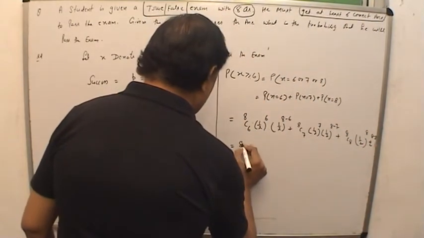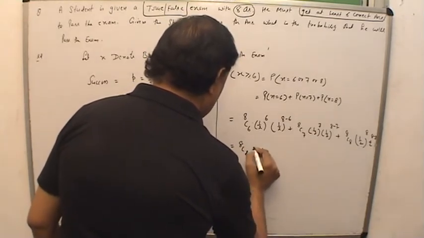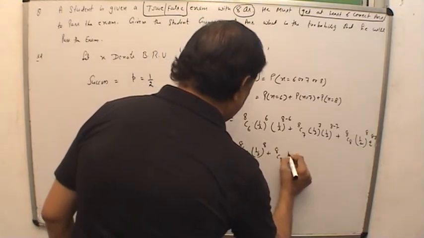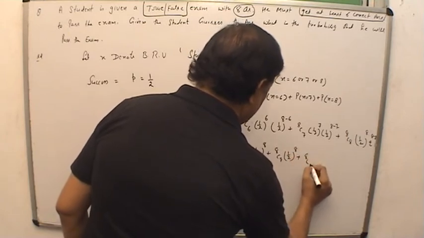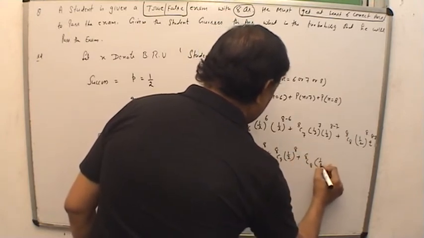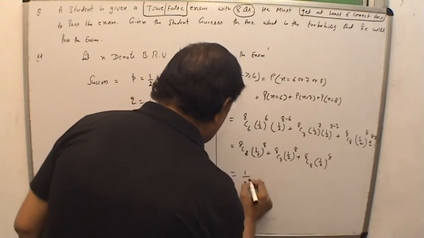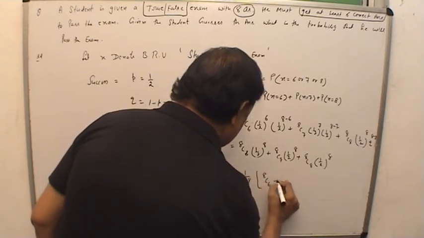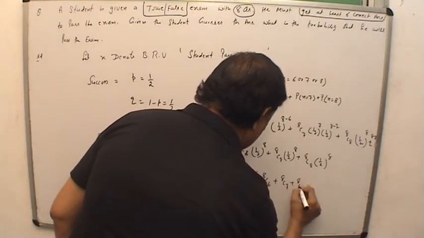That is equal to 8C6 into 1 by 2 raised to the power 8 plus 8C7 into 1 by 2 raised to the power 8 plus 8C8 into 1 by 2 raised to the power 8. Here we take 1 upon 2 raised to the power 8 common, that's 8C6 plus 8C7 plus 8C8.